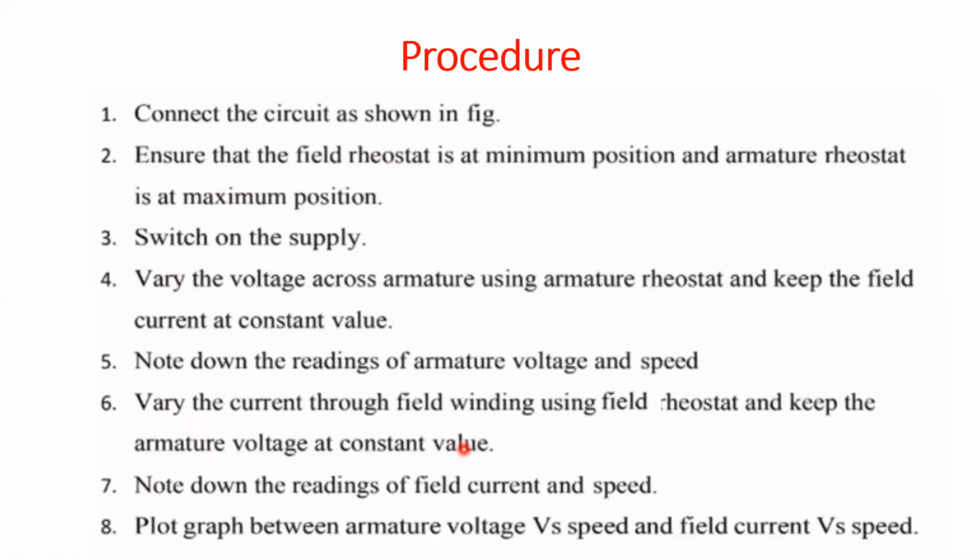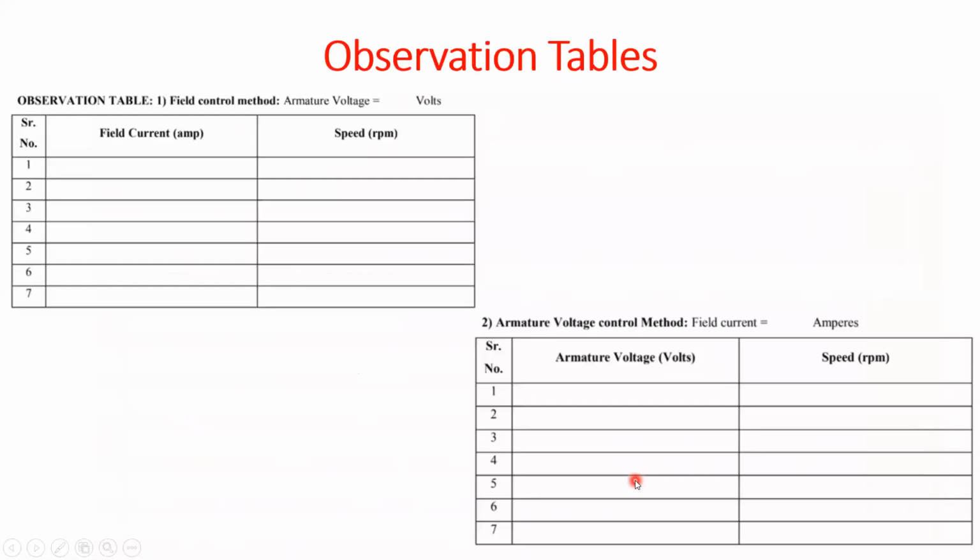We keep the armature voltage constant and start reducing the field current, then note down the readings of field current and speed, and plot the graphs of armature voltage versus speed and speed versus field current.